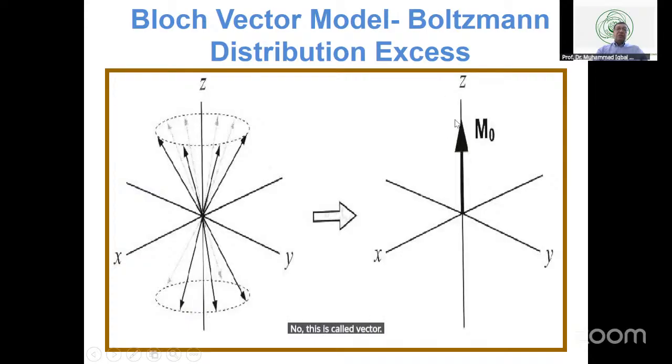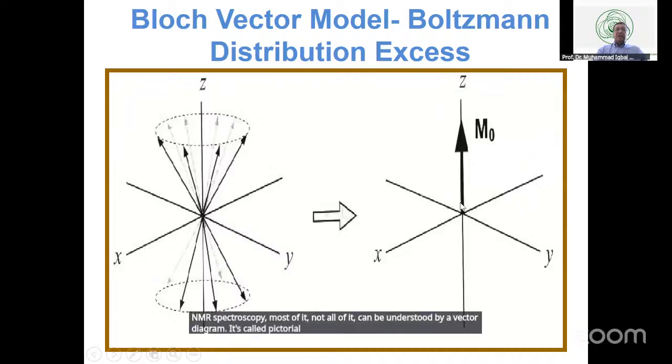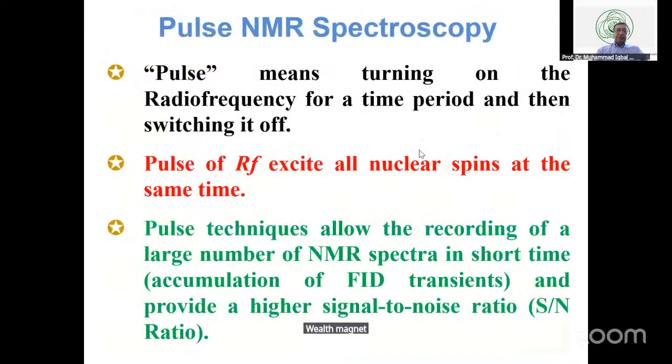NMR spectroscopy, most of it, not all of it, can be understood by a vector diagram. It's called a pictorial vector diagram, and it's called the bulk magnetization vector.